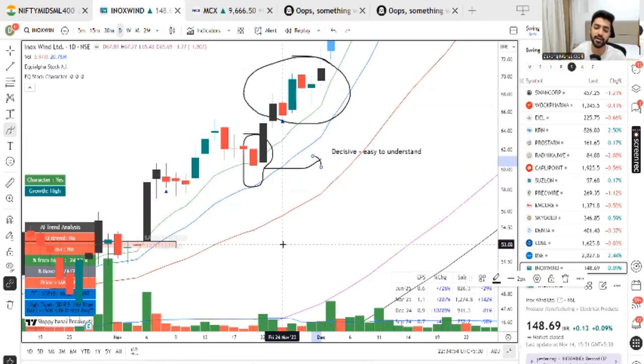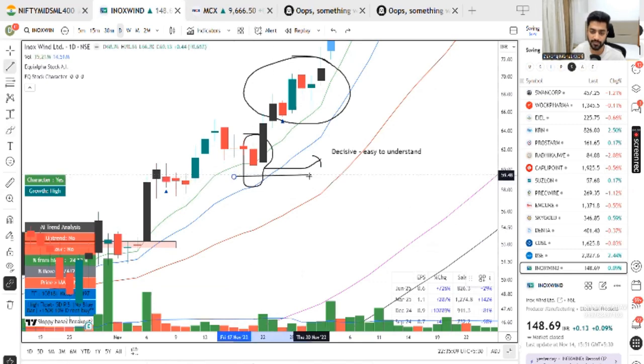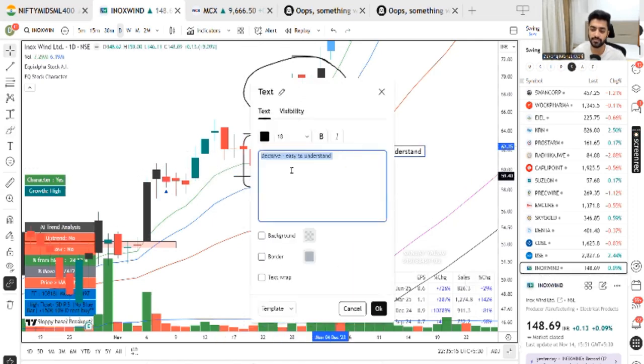It's not a very direct close. It was some rupee paisa below the 10 EMA, but it got very good buying from the bottom. These wicks are telling you that some good buying is coming. So in such cases, you wait for a close below this.